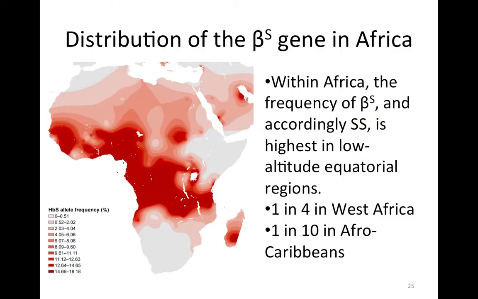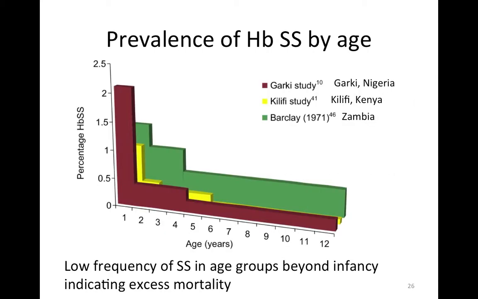The distribution of HbS, that means the beta sickle gene, within Africa: the frequency of sickle beta, and accordingly SS, is highest in the low altitude equatorial regions. 1 in 4 in Western Africa, 1 in 10 in Afro-Caribbean regions. So the sickle allele frequency or distribution varies from region to region, even within the country.